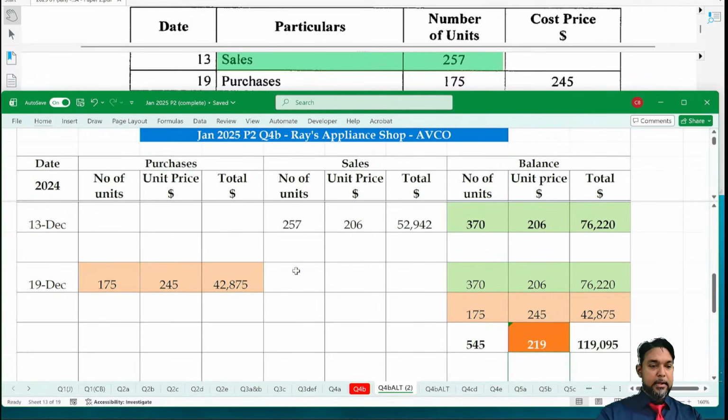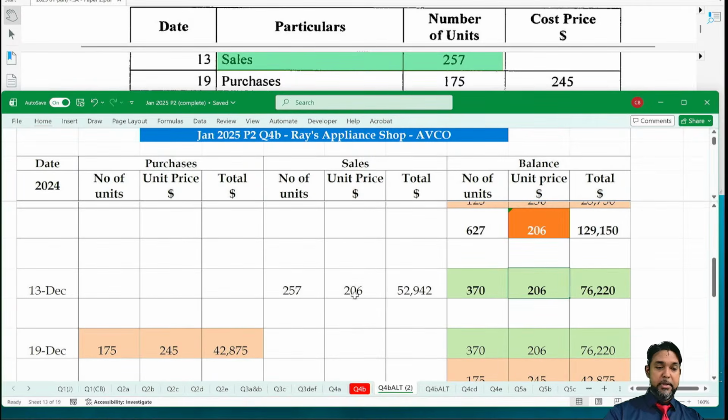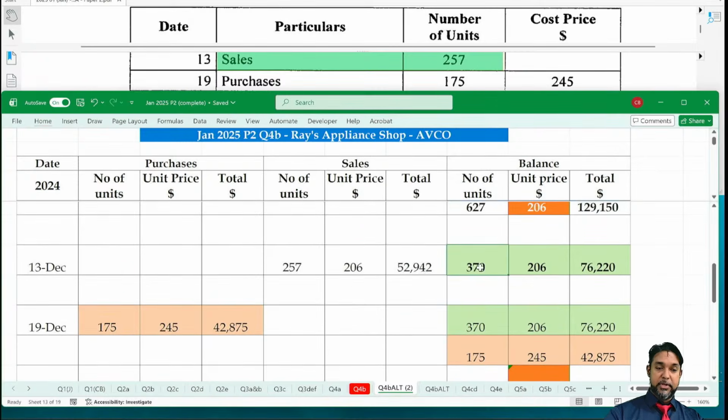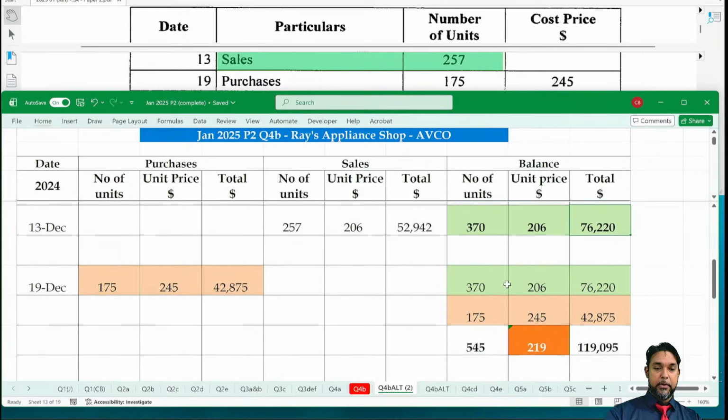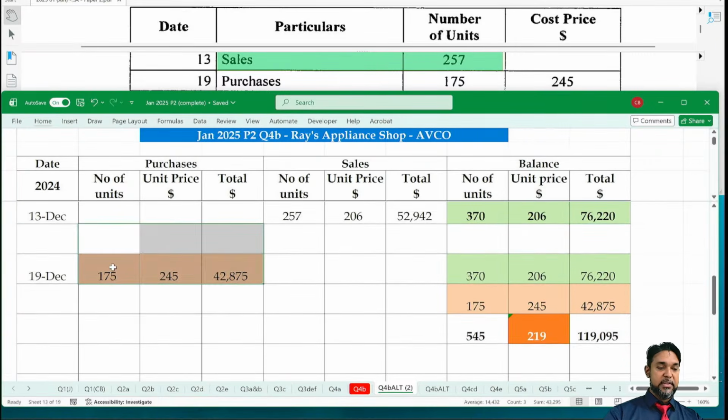So again, after this sale here, we had 370 units, valued in total at 76,220. This 206 just came down, because when we make sales, it doesn't affect the weighted average cost. So we multiply the 370. We had 627 units, we sold 257, so we ended up with 370. 370 by 206 is 76,220. Now, we had a purchase, 175 units at 245 each. You multiply going across, you get 42,875.